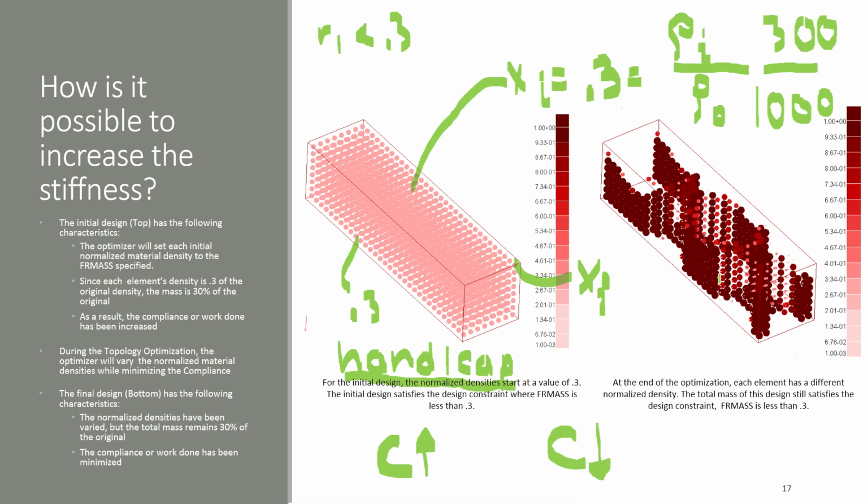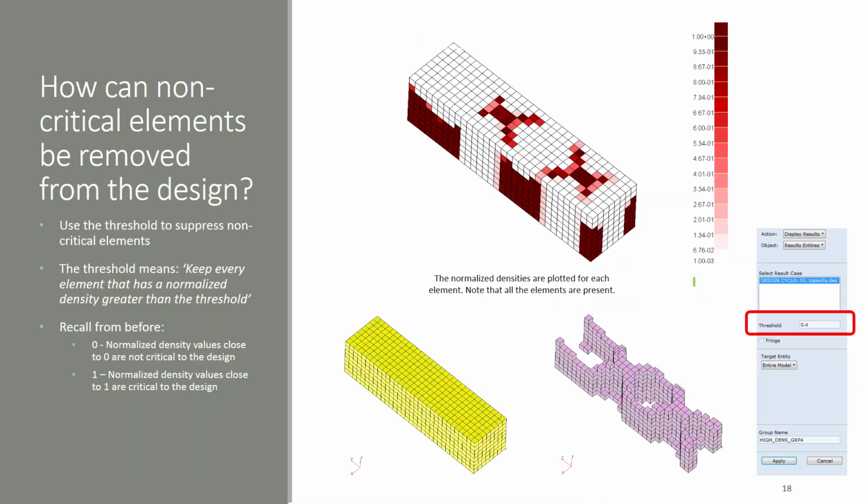Just in case this is still coming across sort of confusing, I will repeat this discussion in the other topology optimization tutorials, so feel free to watch those if you want further details on this.